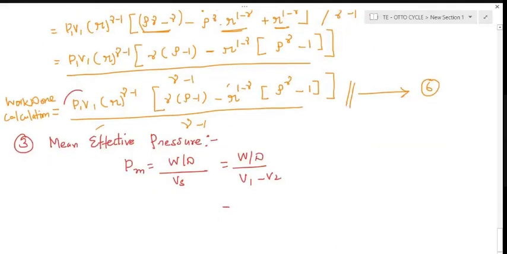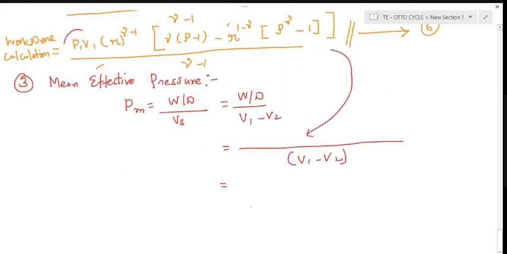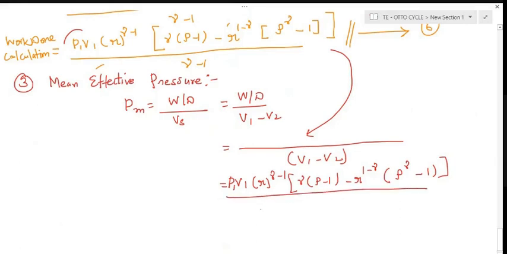Okay, so simply substitute the work done here, divided by V1 minus V2: P1 V1 into R power gamma minus 1 into gamma into rho minus 1 minus R power 1 minus gamma into rho power gamma minus 1, whole divided by gamma minus 1.